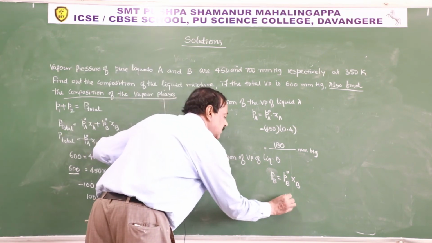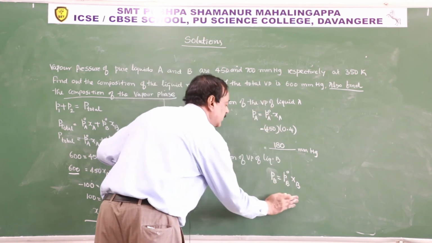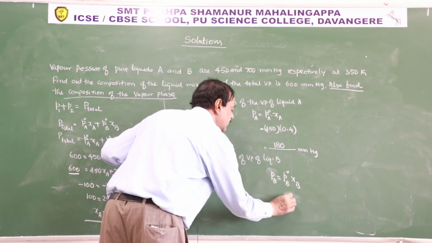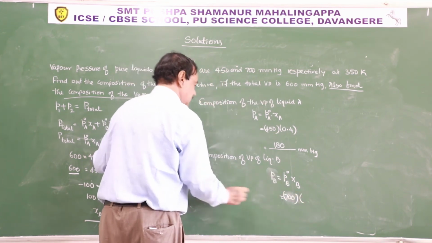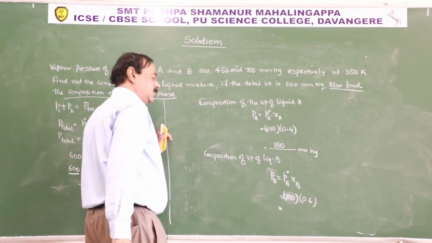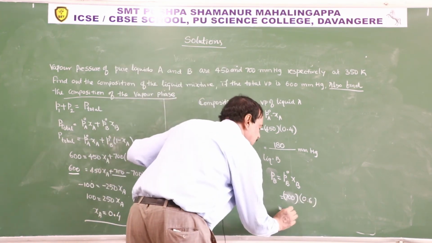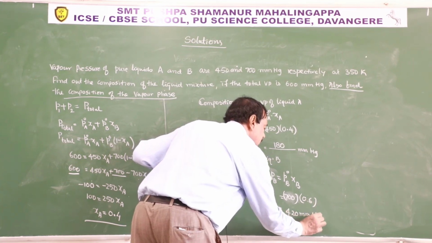P naught B is given, that is 700 millimeter of mercury, and XB is already calculated, that is 0.6. Therefore PB is equal to 420 millimeter of mercury.